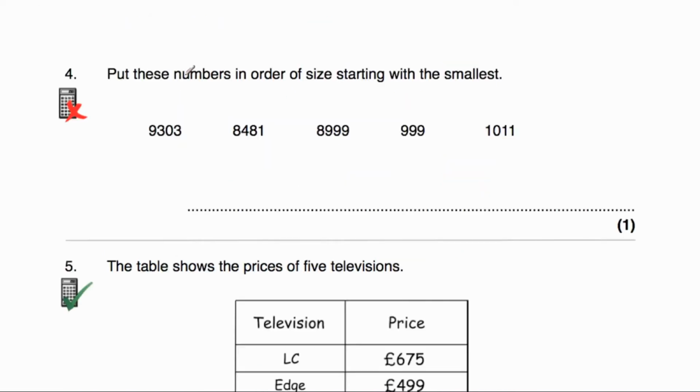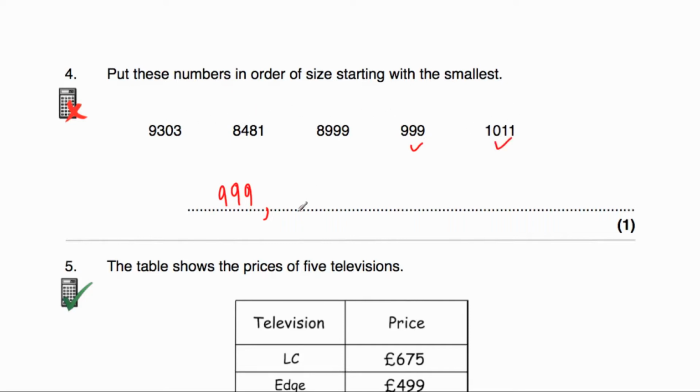Okay, question 4. Question 4 says, put these numbers in order of size, starting with the smallest. We've got 9,303, 8,481, 8,999, 999, which is less than 1,000, and we've got 1,011. So the smallest number will be 999. So we've done that one. Now we've got 9,000 and something, 8,000 and something, 8,000 and something, and 1,000 and something.